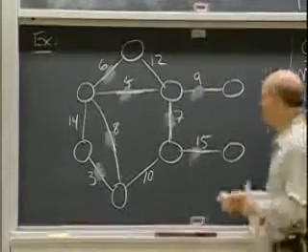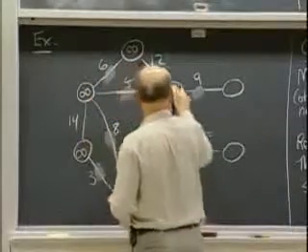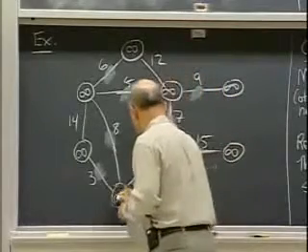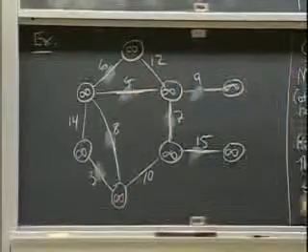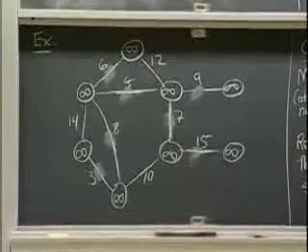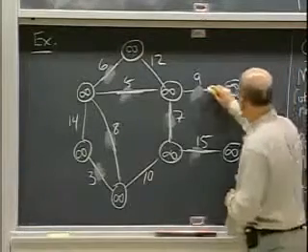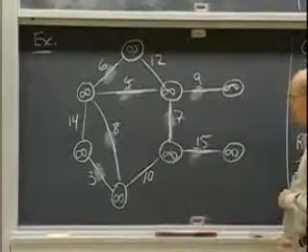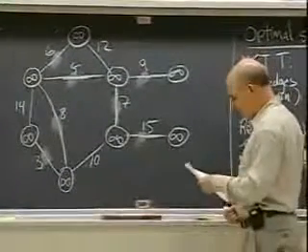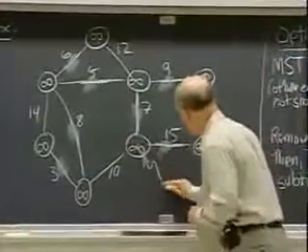So we start out, we make everything be infinity. That's where I'm going to keep the key value. And then what I'm going to do is find one vertex, and I'm going to call him S, and I'm going to do this vertex here.